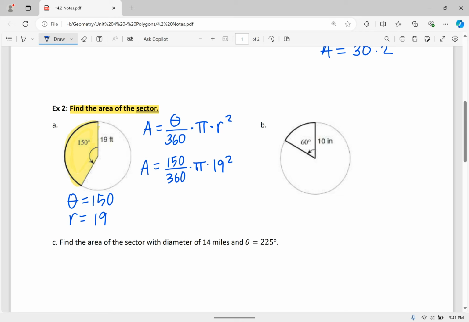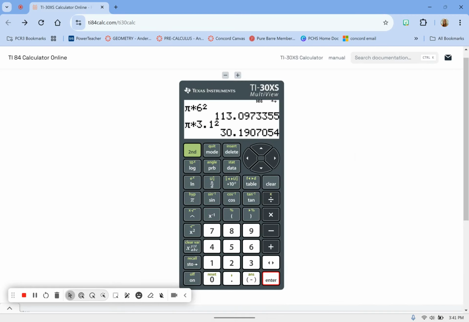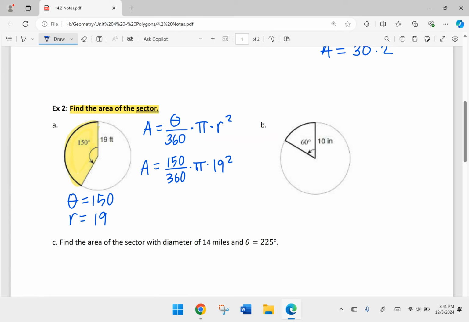And then again, the rest from here will just be using a calculator. So I'm going to go back over to my calculator, clear this out, and I'll type 150 divided by 360, then times pi times 19 squared. I'm going to hit enter, and I get 472.5.